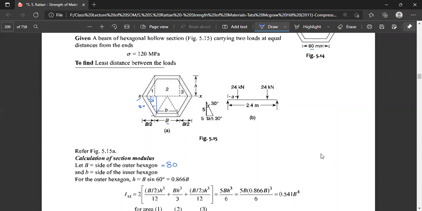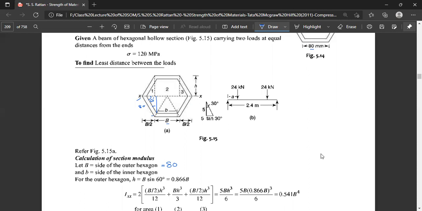So the height of this hexagon will be given as B multiplied by sine of the angle between the base and the hypotenuse, that is B multiplied by sine 60, that is 0.8660 B. So this height can be calculated here.